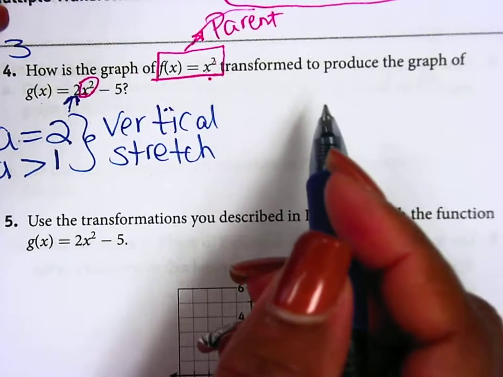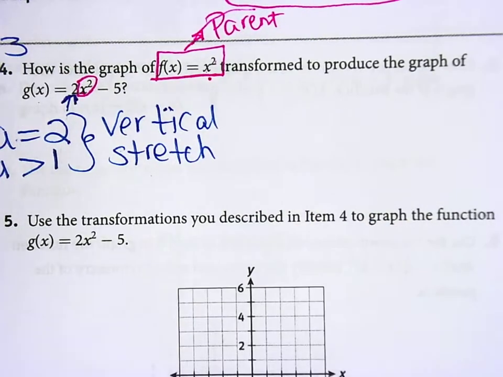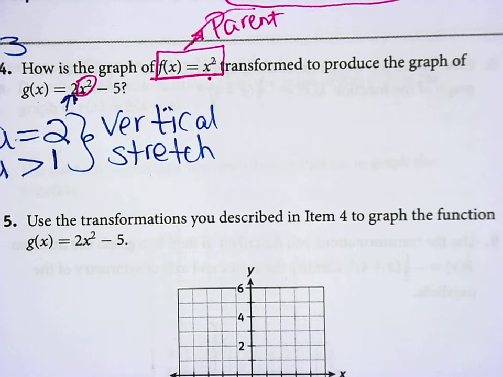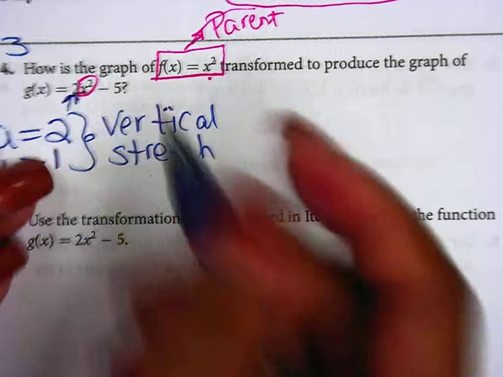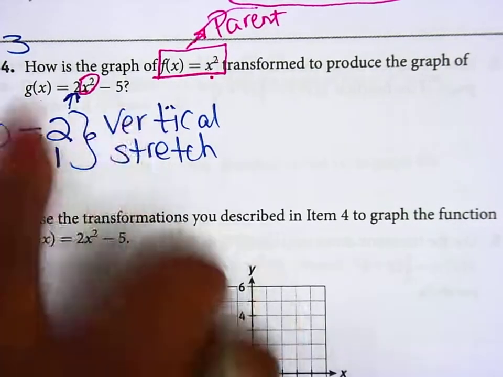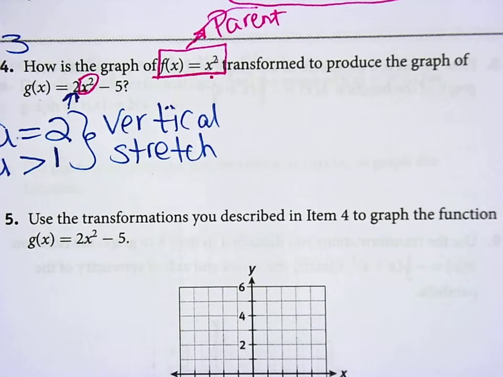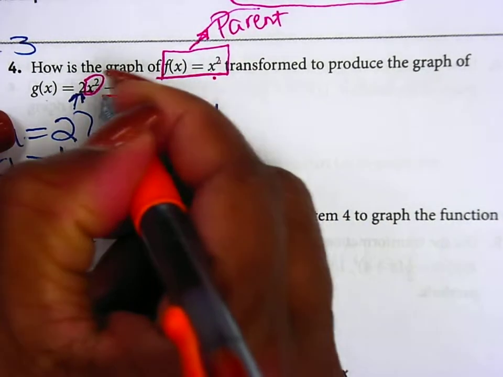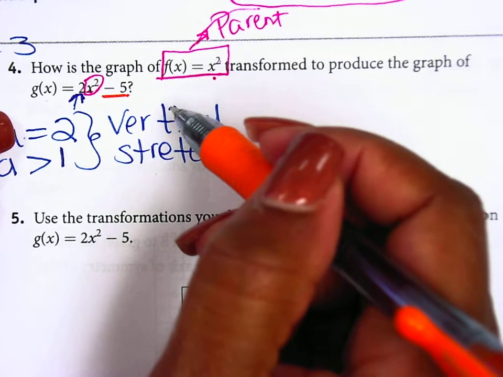Then, guys, go back to your previous information that you've learned with the transformations. I noticed next that with 2x squared, it is being shifted down by 5.